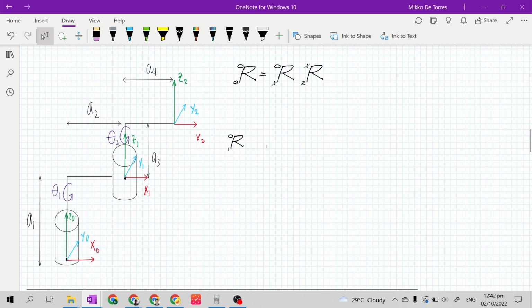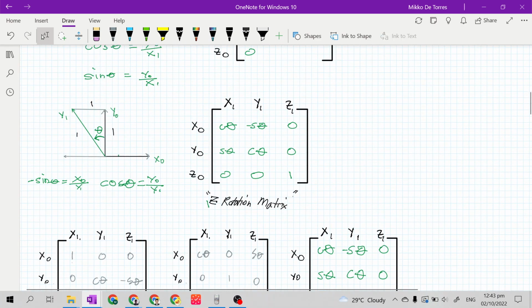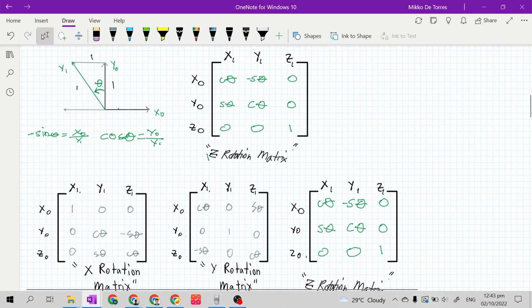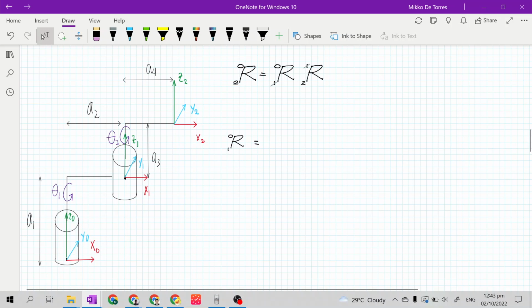So to derive the rotation matrix of R01, we will use the principle of projection and the process that we did to obtain the Z rotation matrix.